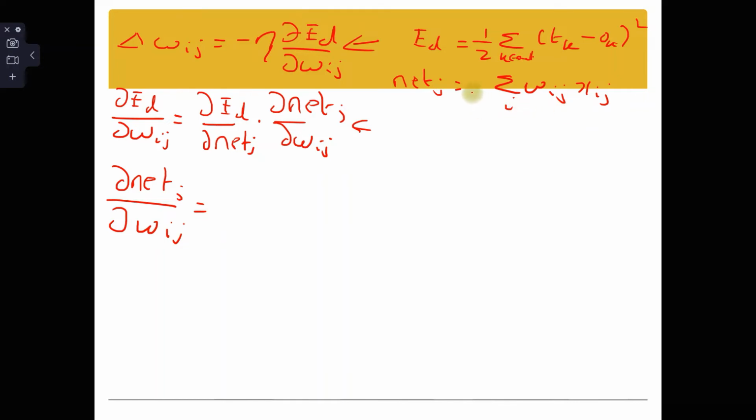If you differentiate net_j with respect to this, you will see that for a particular w_ij, the only thing that will be left is x_ij.